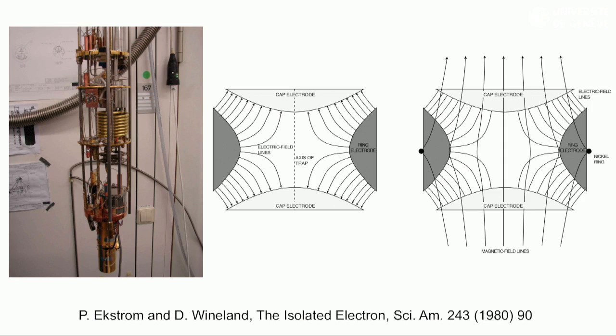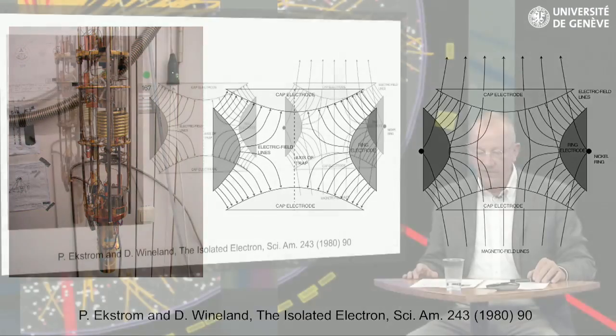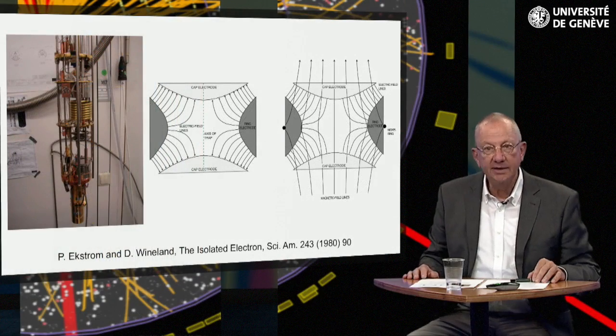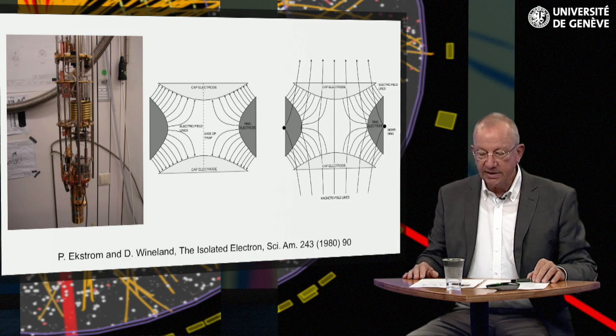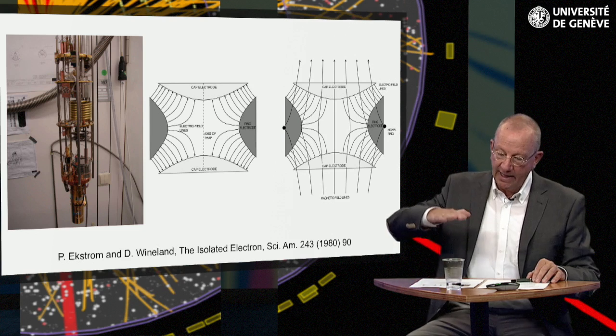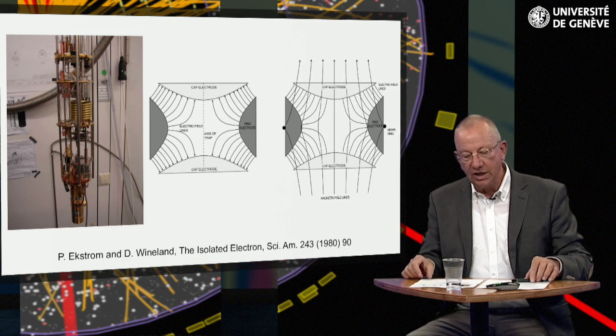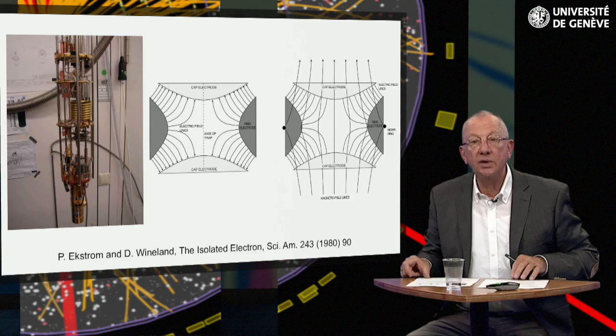The electron circulates in a magnetic field, which is pretty much homogeneous except for the focusing component generated by a ferromagnetic nickel ring in the equatorial plane. An electric field counteracts excursions along the axis of the magnetic field. It is generated by a ring electrode and 2 cap electrodes.